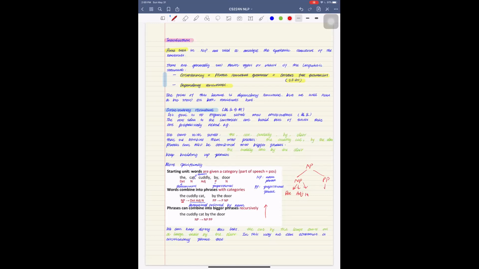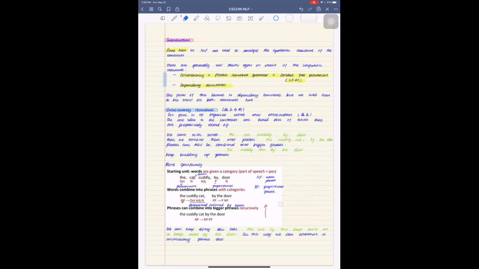For the PP, we have a P and another NP. P is "by", and the NP is "the door". We can go a little bit further and decompose this NP into a determiner, which is "the" right here, and "door", which is a noun. So that's how the parse tree is constructed.